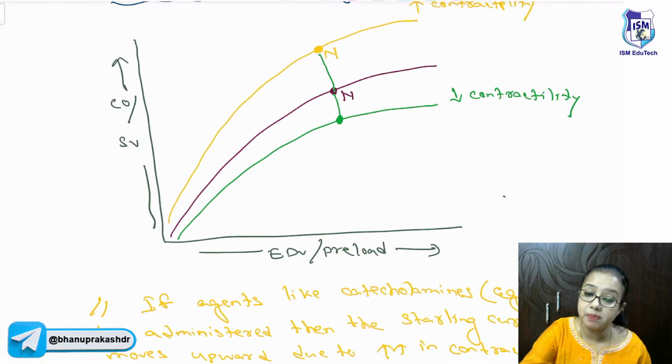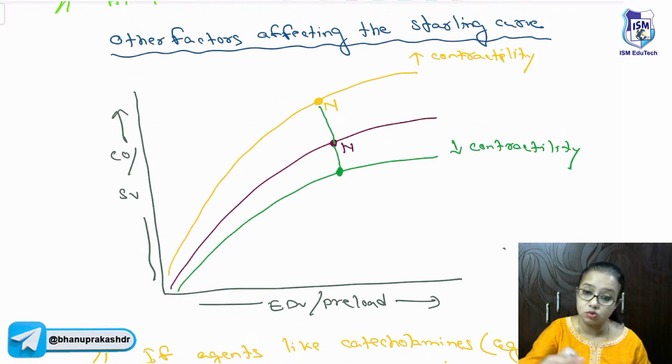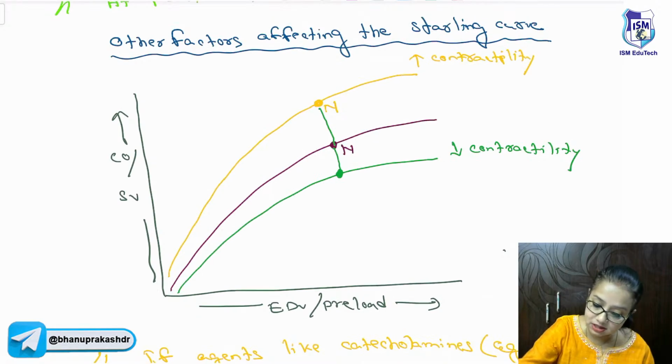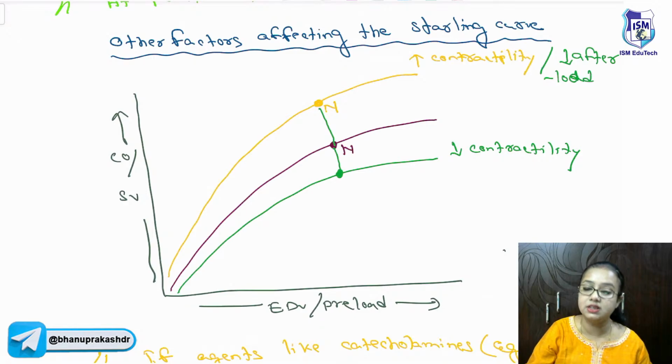Now, this pattern in which there is increase in the contractility and the Starling curve has moved up, if you remember, yesterday through the loop we also saw that increase in contractility is equal to decrease in the afterload.